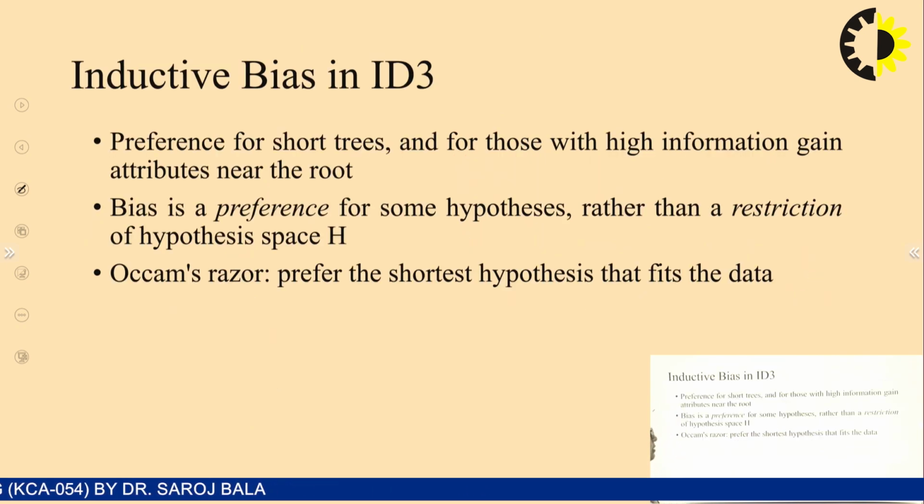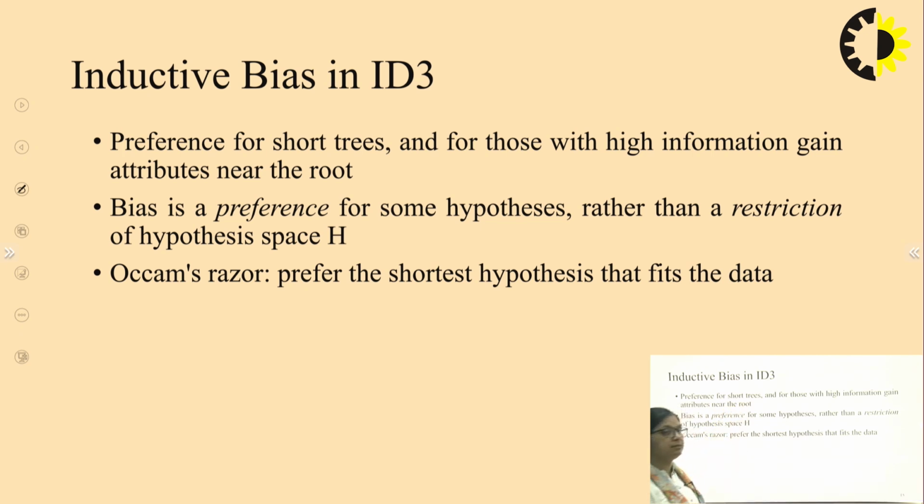So what is the inductive bias in ID3 decision tree learning? Our preference is for short trees, and for those having high information gain attributes near the root. So bias is a preference. It is not restrictive. There is no restriction, and it follows Occam's razor.